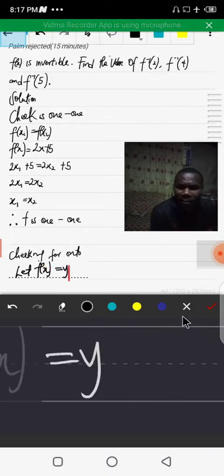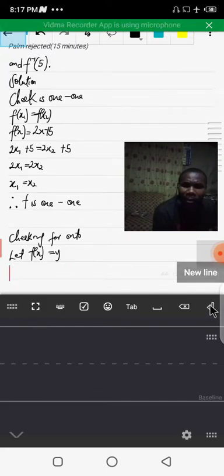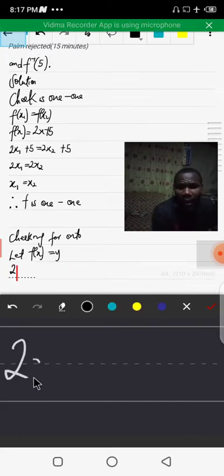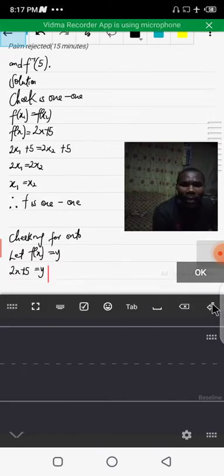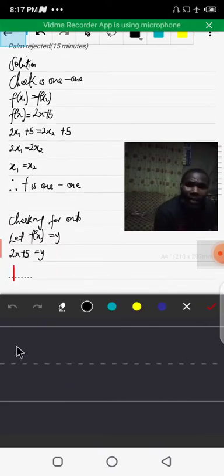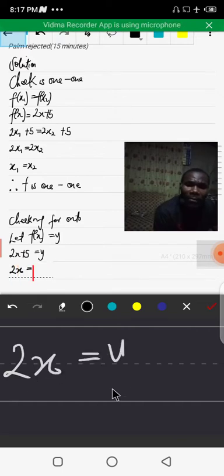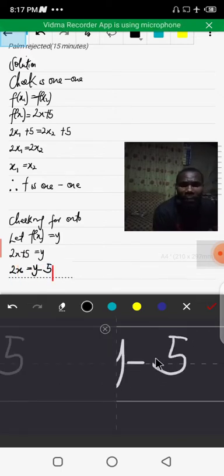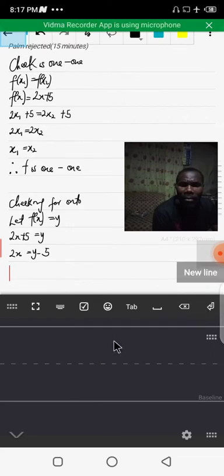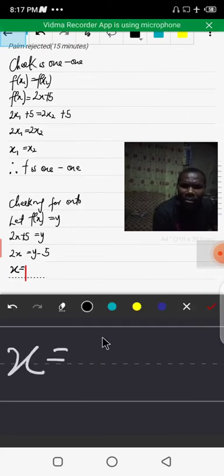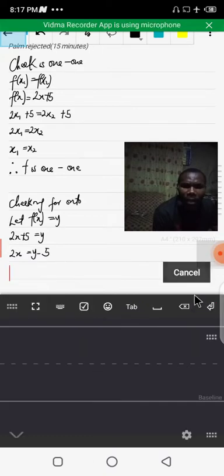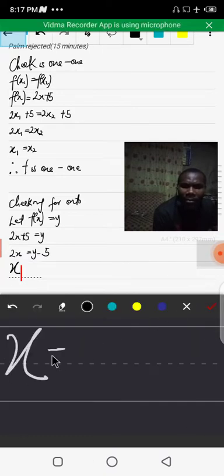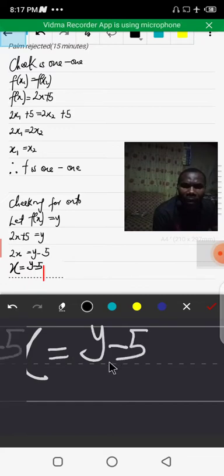Now if f of x is equal to y, automatically you say 2x plus 5 is equal to y. Therefore, you make x the subject of the formula: you subtract 5, so 2x will give you y minus 5. You say x will be equal to y minus 5 over 2.